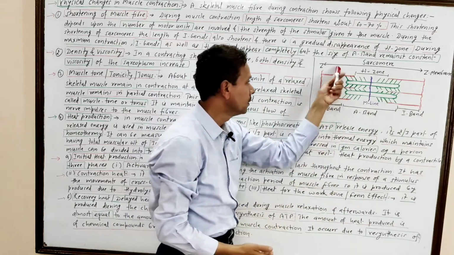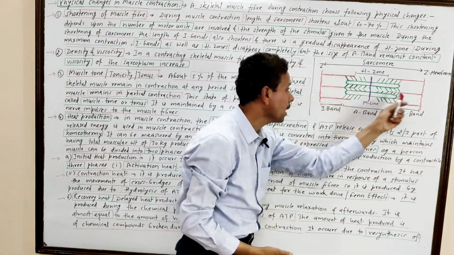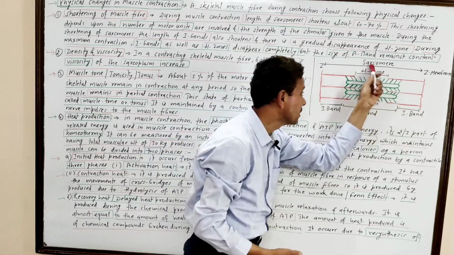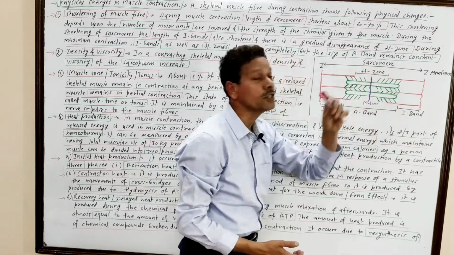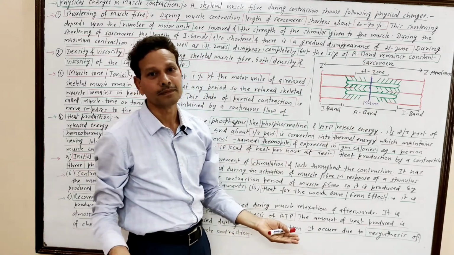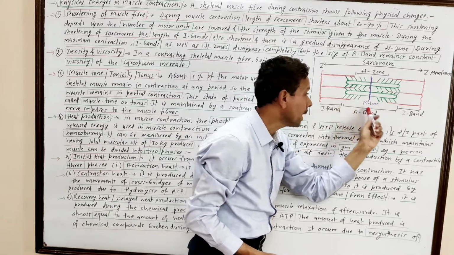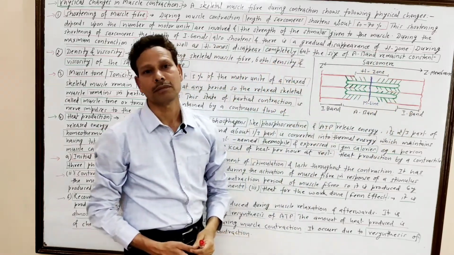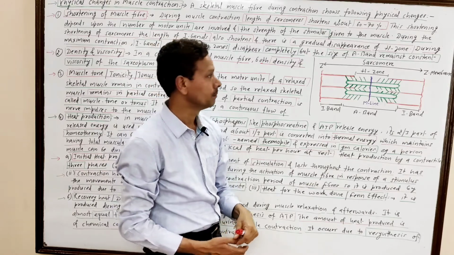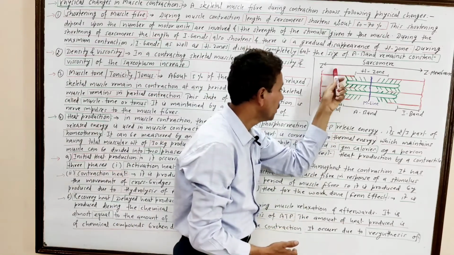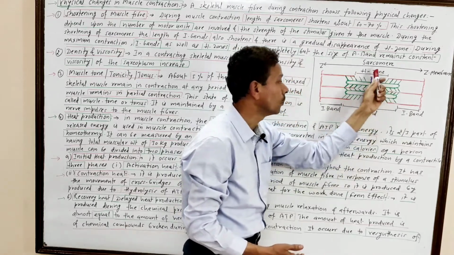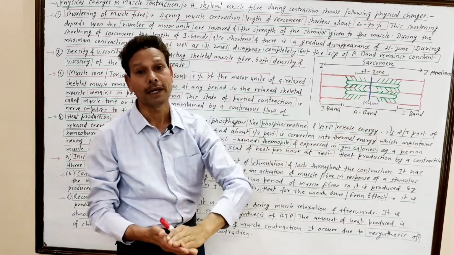As a result, the size of the I band as well as the H zone decreases. During maximum contraction of muscle fiber, both the I band and the H zone disappear completely.